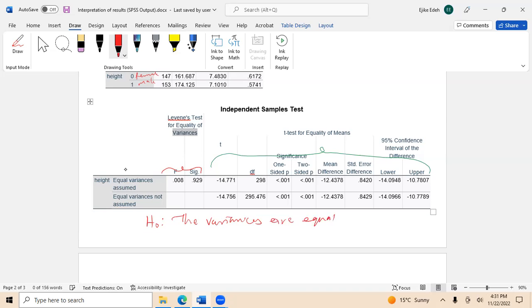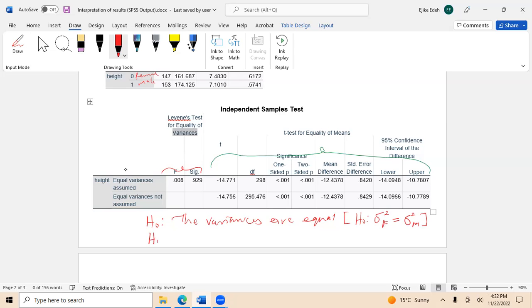So the variance of sample one for female, height of female, and height of male are equal. And symbolically, it's represented this way. Remember, this is the population variance symbol, right? Sigma square for group one, you can say for female, is equal to sigma square for group two, you can say for male. Okay, so the variances of their heights are equal. That is what the null hypothesis for Levene's test states.